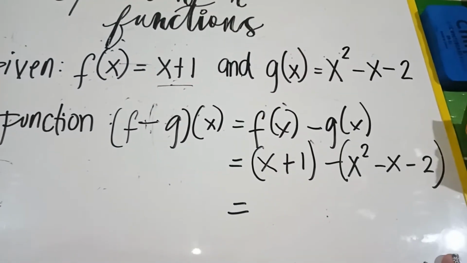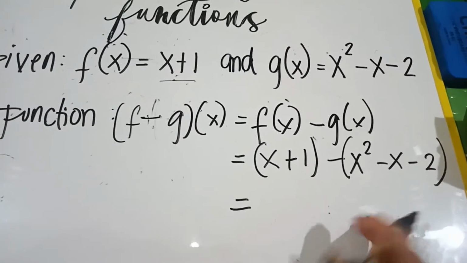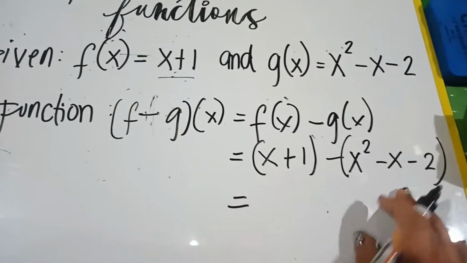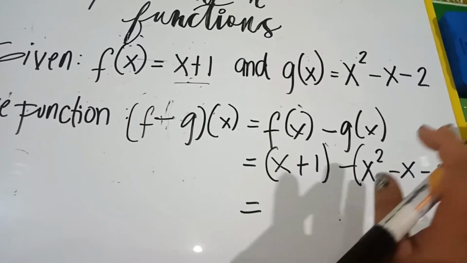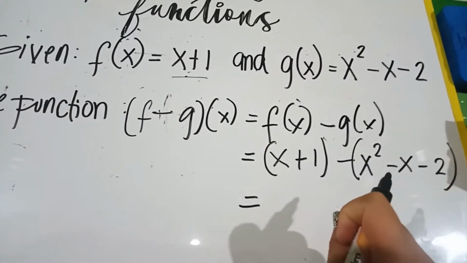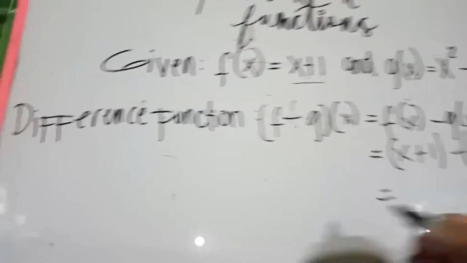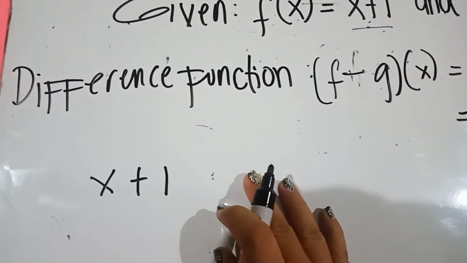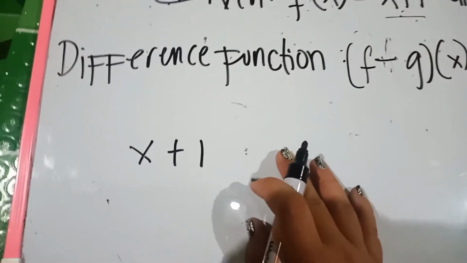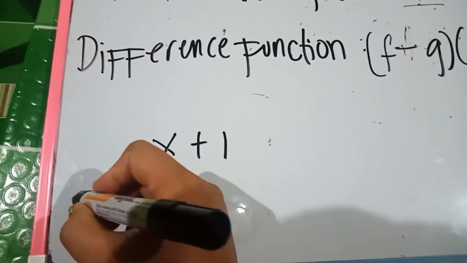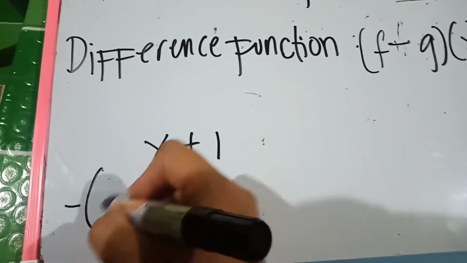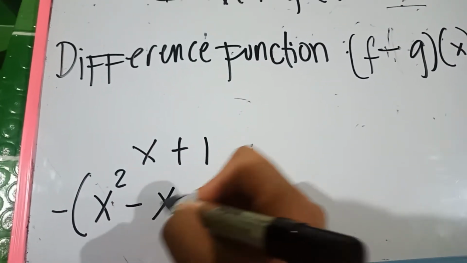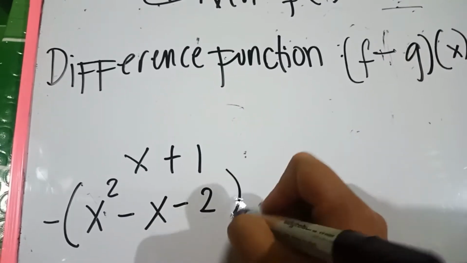Just like in the sum function, magkakaroon tayo ng scratch kasi isusulat natin to in vertical form para mas madali nating masolve kung ano ba yung kanyang tamang sagot. So, we have x plus 1. Again, subtrahend is subtrahend, minuend is minuend. So, x plus 1 and then minus x squared. I-align natin yung like terms. Minus x and then minus 2.